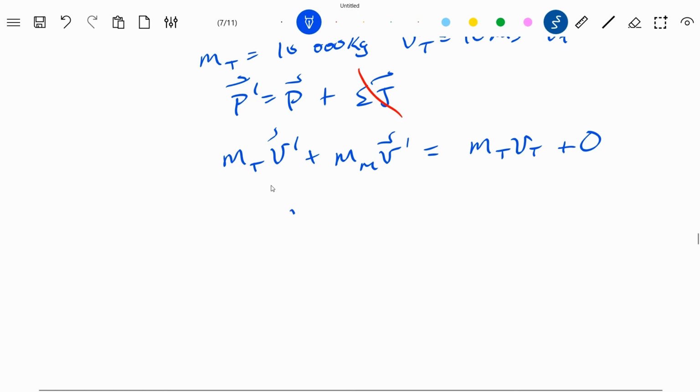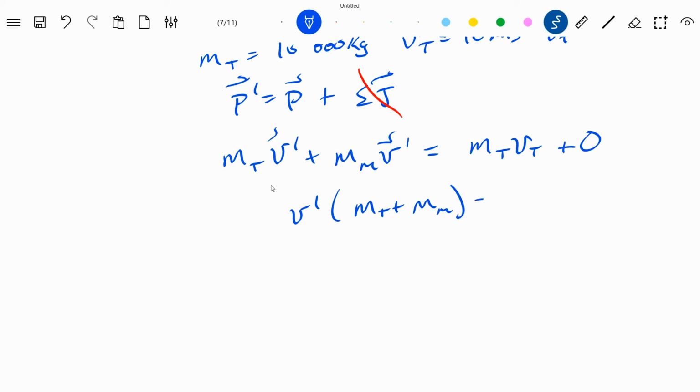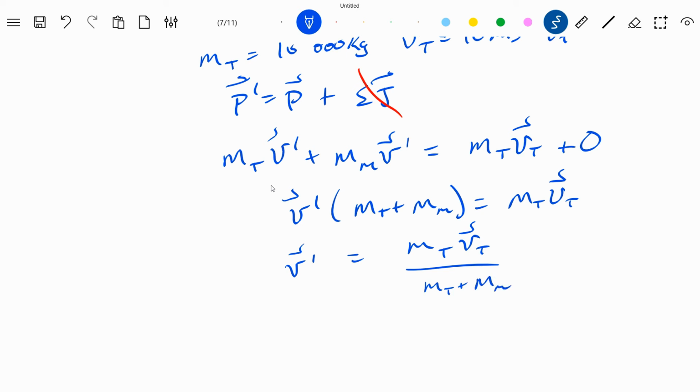Okay, I can factor out that v prime: mass of the train plus the mass of the moose, equal to the mass of the train times the velocity of the train. That means the velocity prime, this common velocity, is equal to the momentum of the train, m_t v_t, divided by their combined mass, the mass of the train and the mass of the moose.